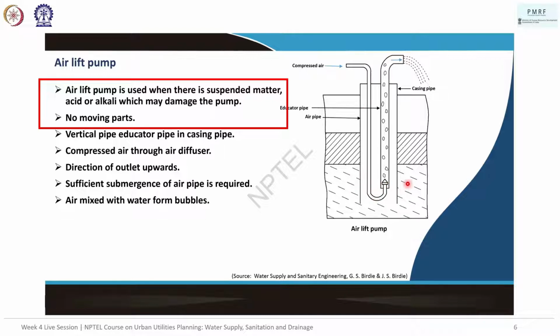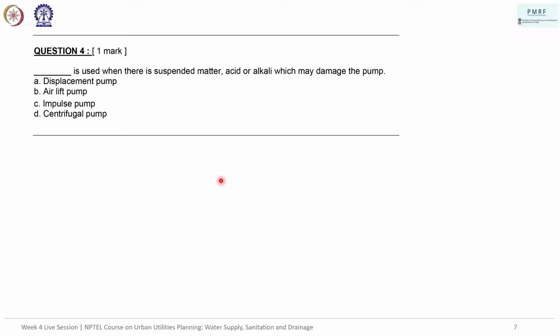This airlift pump is immersed in water, and through this eductor pipe, which is all placed within this casing or air pipe, the flow of air gets mixed with the water, and a mixture of air and water starts flowing out. So that's the mechanism. In this setup, it wouldn't matter so much if there is suspended matter, or if the water is acidic or alkaline. So that's the advantage of the setup. So our answer is airlift pump.